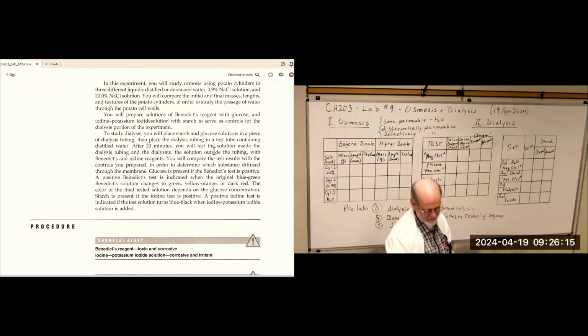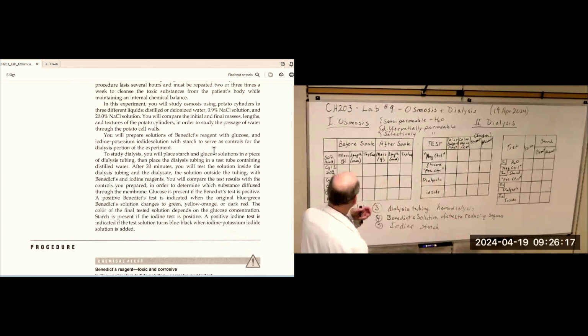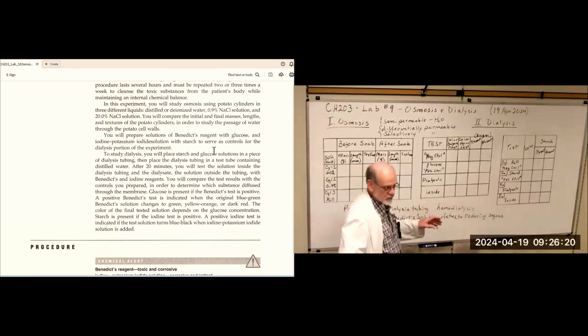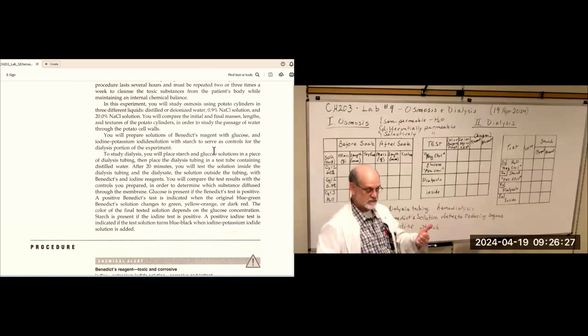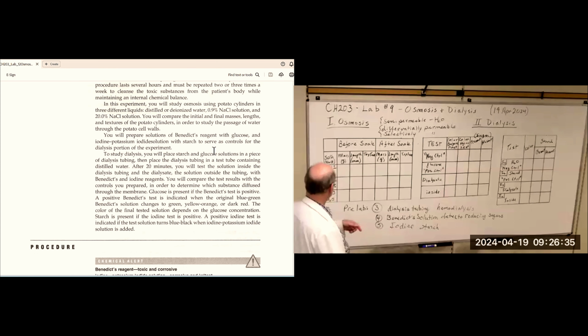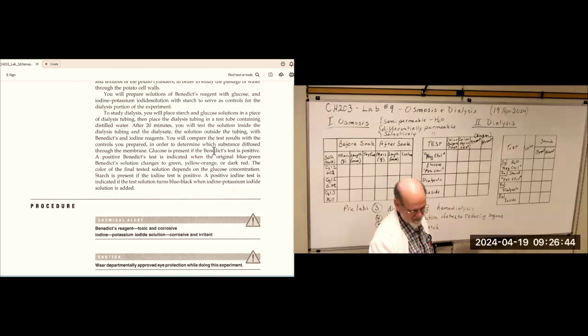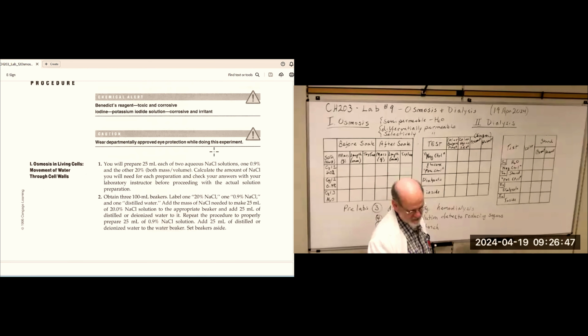The reason we did those calculations with the different sodium chloride solutions is pure water is hypotonic. Like 20% sodium chloride is hypertonic and 0.9% is isotonic. So this is hypertonic, isotonic, hypotonic. And here's the procedure. So I guess that's all we need to know.